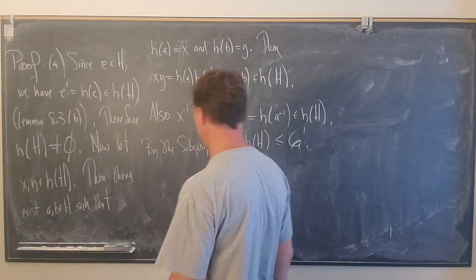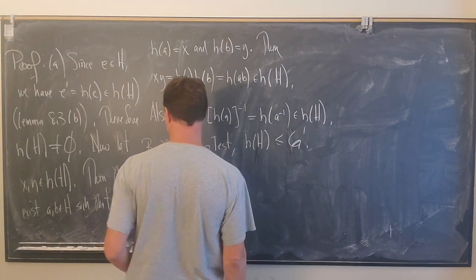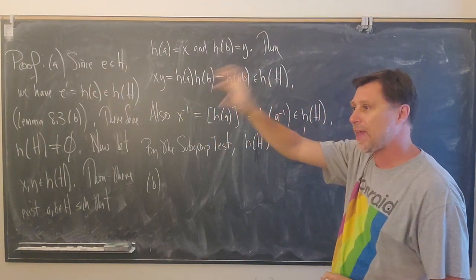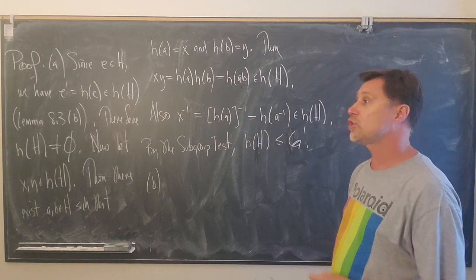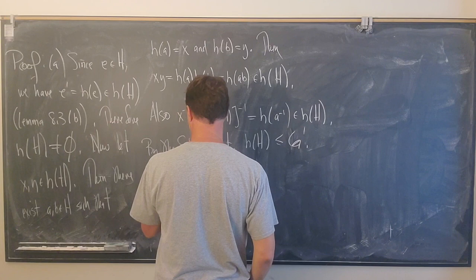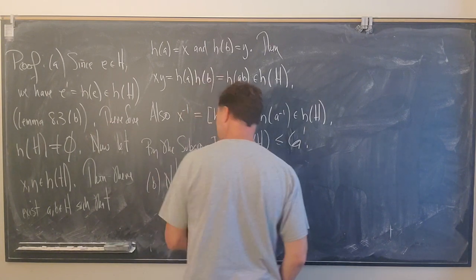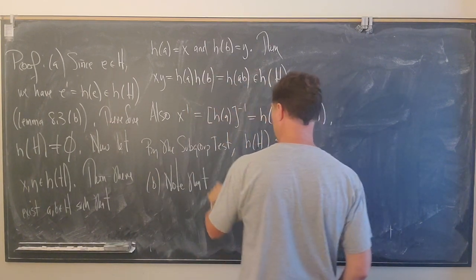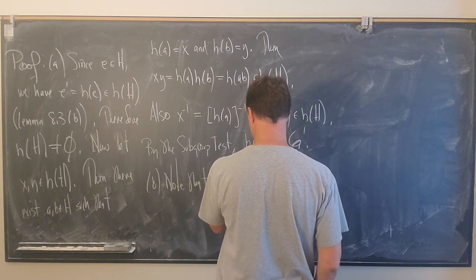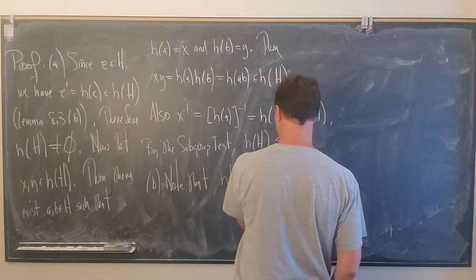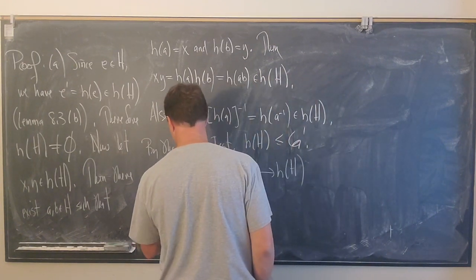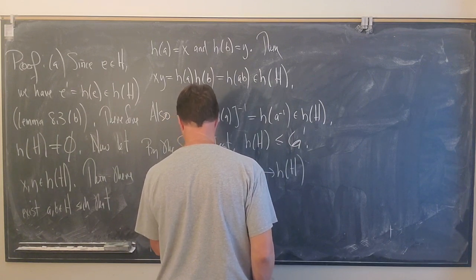And then for part B, what we want to do is say, assuming that we have a one-to-one homomorphism, H is isomorphic to h of H. So note that little h, restricted to capital H, from H to h of H is an isomorphism.